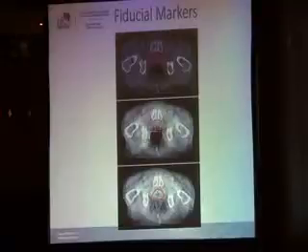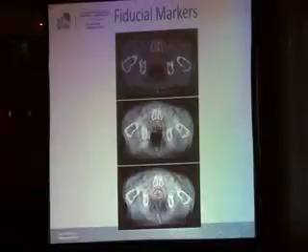the fiducial marker. It's a new concept because we are using the cone beam CT, which is not so clear. So we identify the prostate by the 3 fiducial markers, fiducial gold markers. That is one in the apex and 2 in the base.